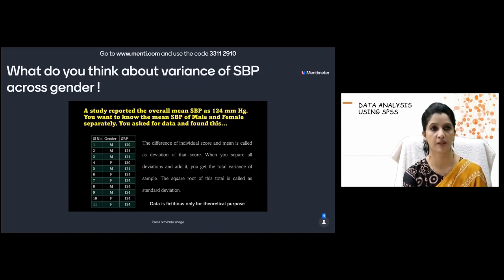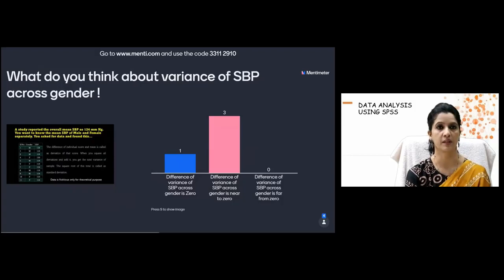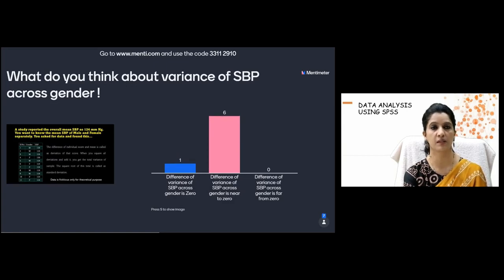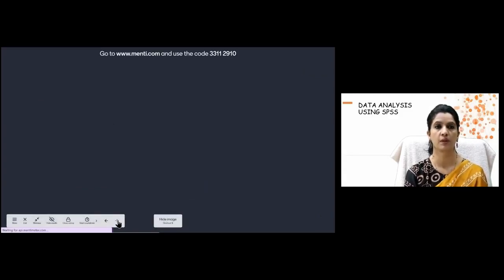This is also fictitious data only for theoretical purposes. So what is your comment on variance? The difference of variance of SBP across gender is near to 0, but it is not 0 because there are two values which are different from the mean, 130 and 120. So yes, you are right. The answer would be near to 0.